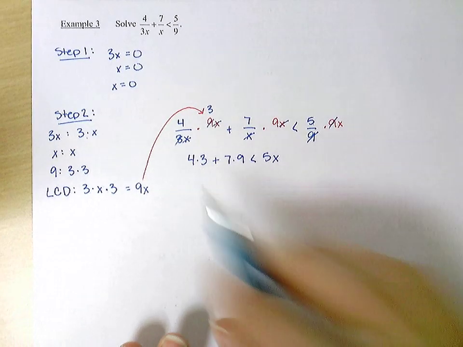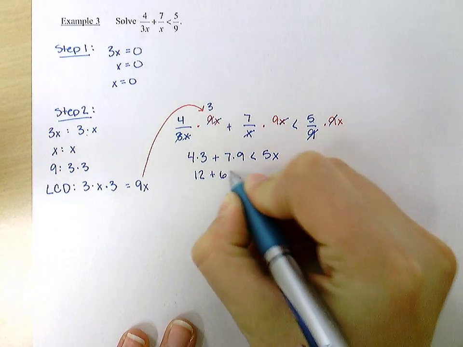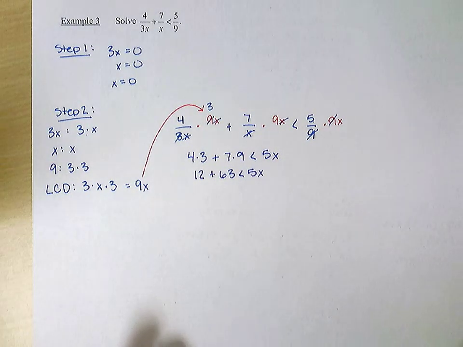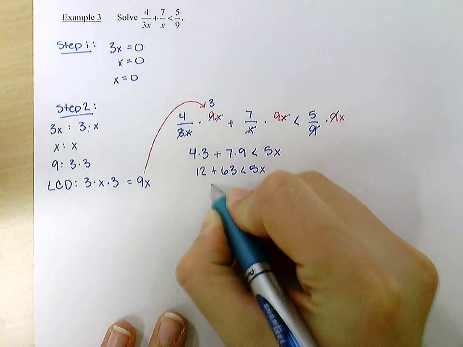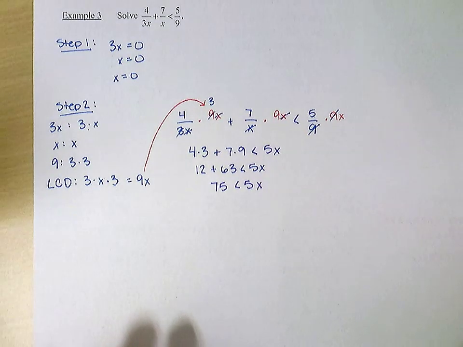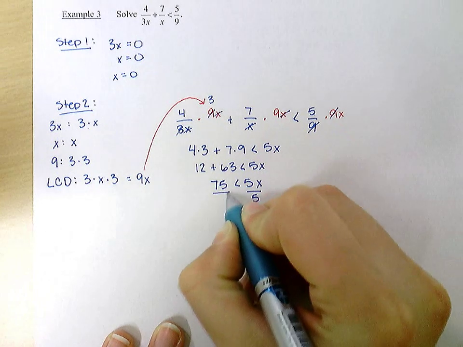Okay, so here I have 4 times 3 is 12, plus 7 times 9 is 63, is less than 5x. Okay, I can add 12 and 63 to get 75. And then to get x by itself, we would divide both sides by 5.